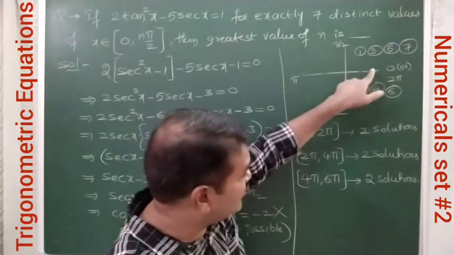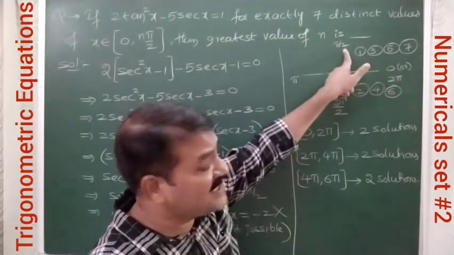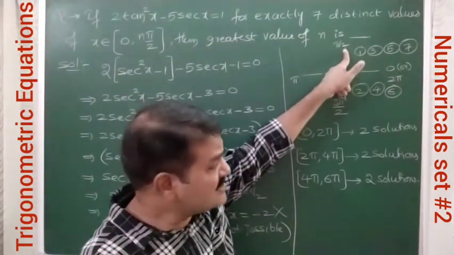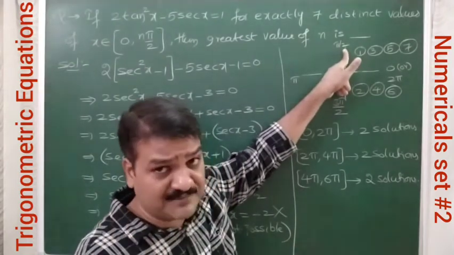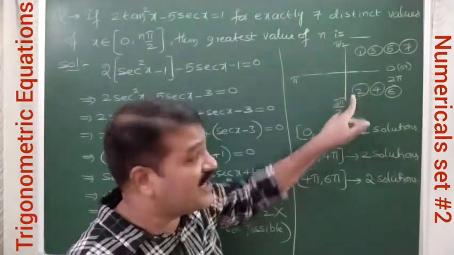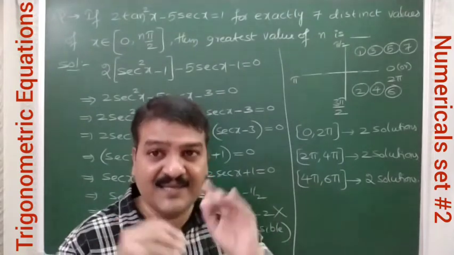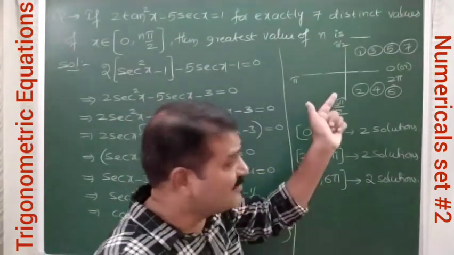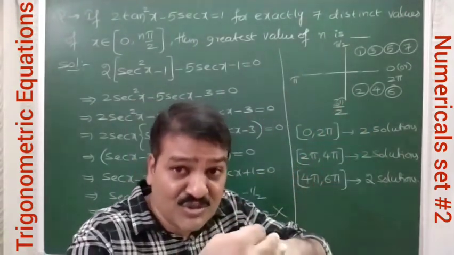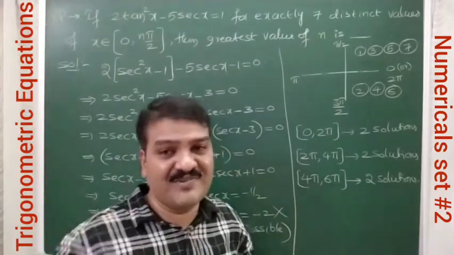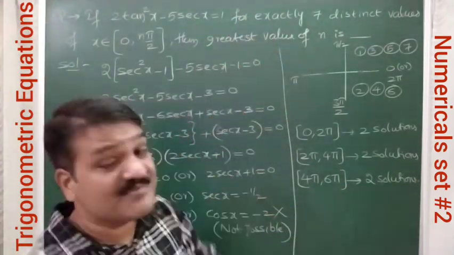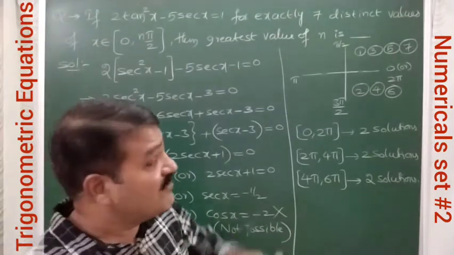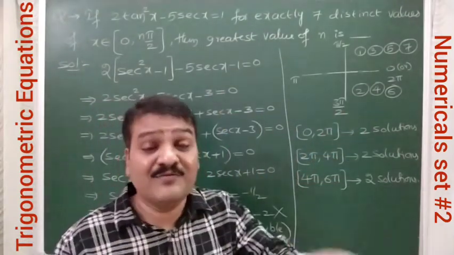Fourth cycle starts here. So the first quadrant we can cover because the 7th solution is okay. But the fourth quadrant we should not enter, because when we enter the fourth quadrant we will get one more solution. That means 8 solutions we will get, but only 7 values must be obtained. That means we should not enter the fourth quadrant.